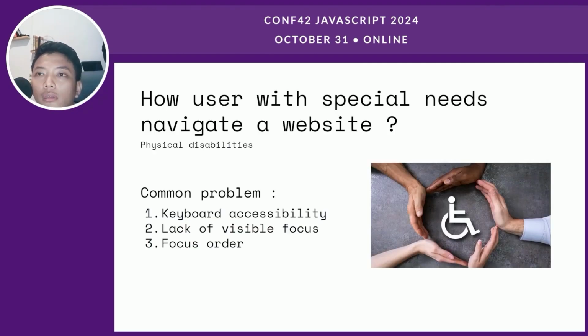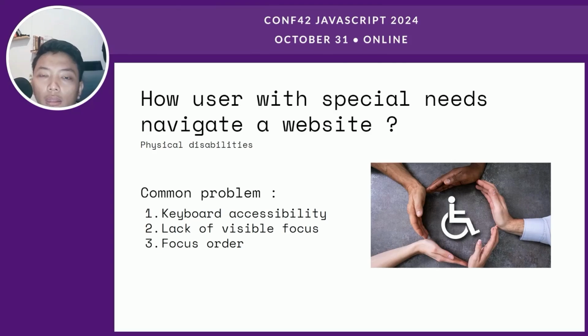But the common problem they face in real life is the lack of keyboard accessibility in websites. When they're trying to navigate a website, especially in physical disability cases, the easiest device for them is the keyboard.